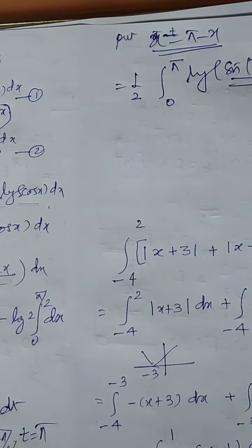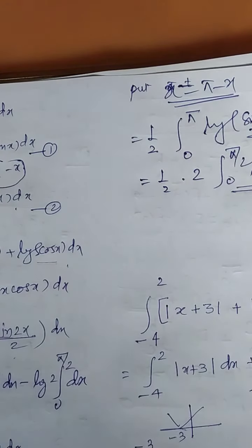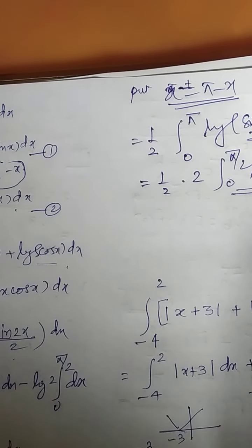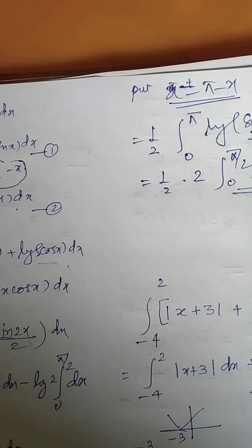If you wish to apply this property, then it will be nothing but 2 times the integral from 0 to a. What changes will happen here? The limit becomes half. So it can be given as 1 by 2 as it is, times 2, the integral from 0 to pi by 2 of log of sin x dx. So this answer you are getting is the same. Now this will get cancelled, and you will be getting this. It is the same as I.